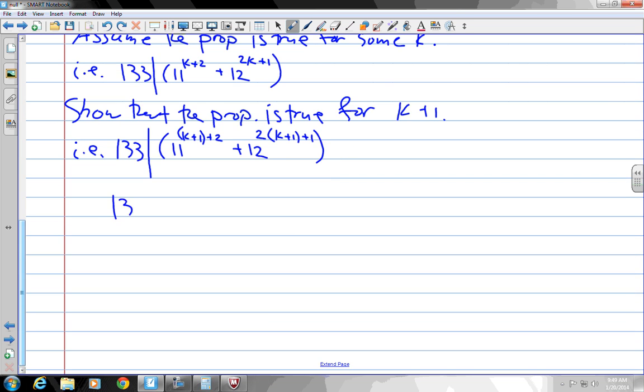So it's 133 divides 11 to the power k plus 3. Right? If you combine 1 plus 2. And in another one, it's 12 to the power 2k plus 2 plus 1. So it's 2k plus 3.